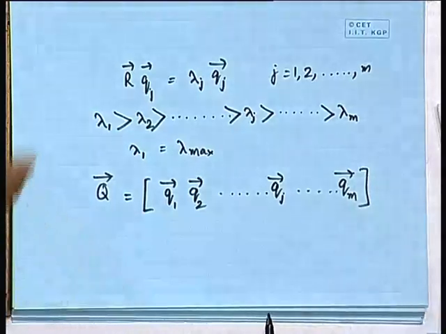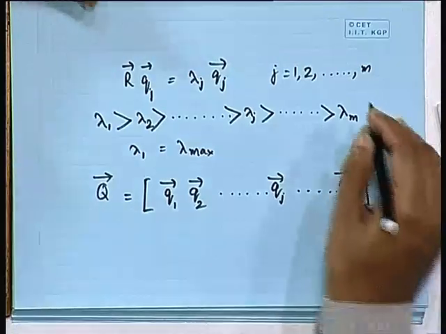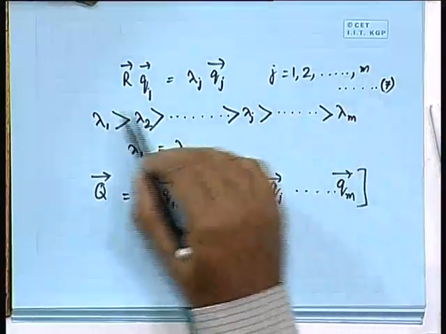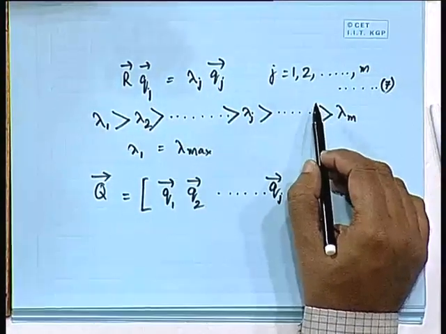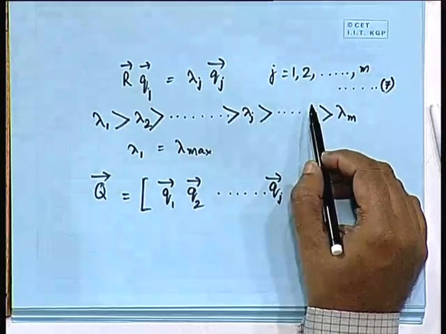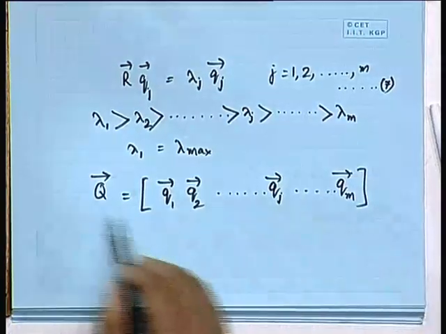All right. So, how does this definition help? Let us say that this is equation number 7, where we have got m different such equations.